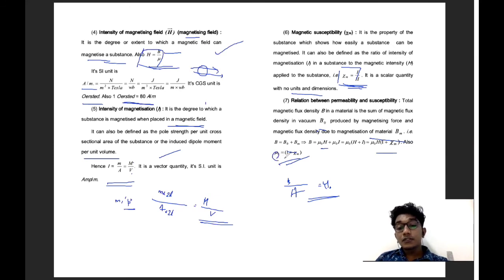Which is nothing but mu r, because mu 0 mu r is mu. So B is equal to mu 0 mu r into H. Here mu 0 is there, H is there, so the rest of the term will be mu r. So mu r is equal to 1 plus susceptibility.